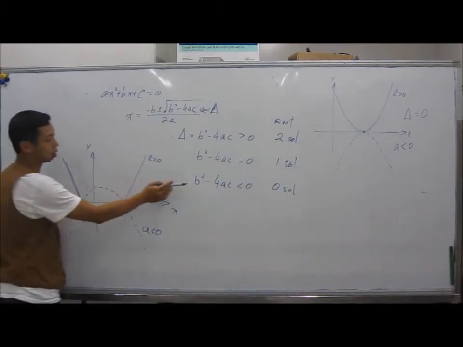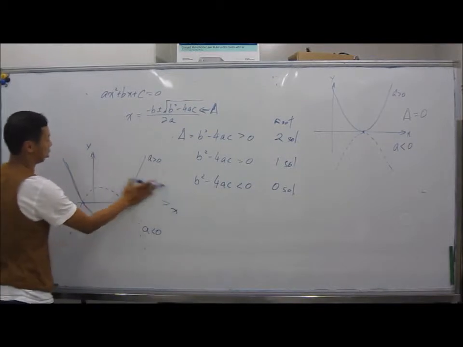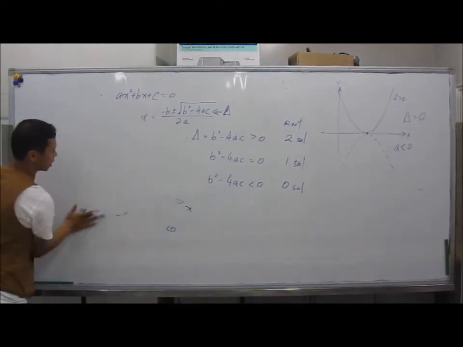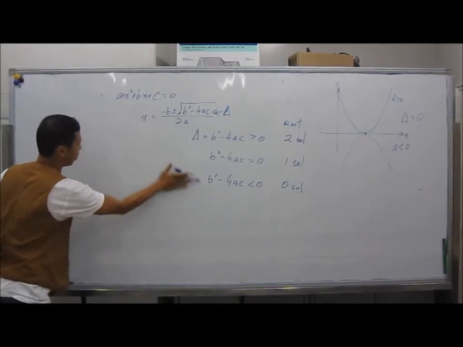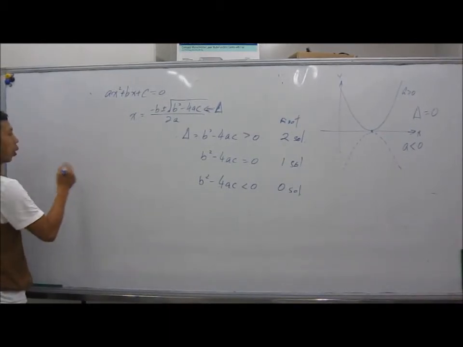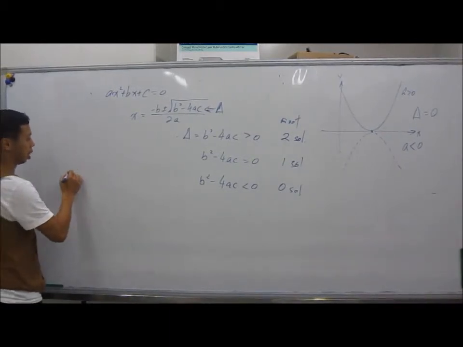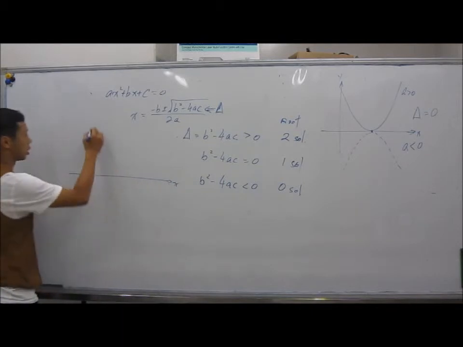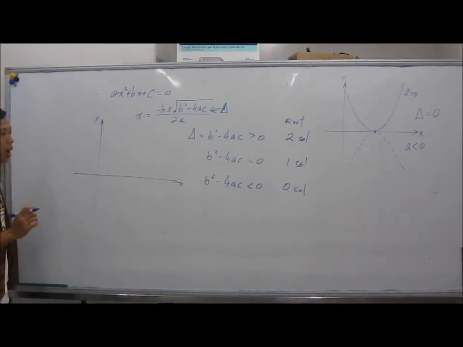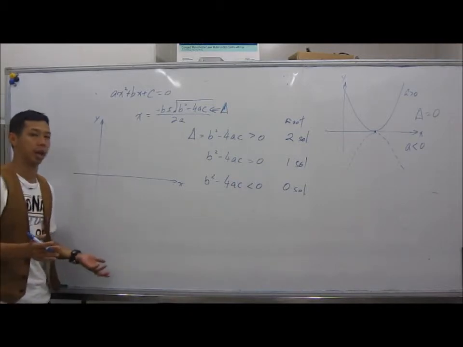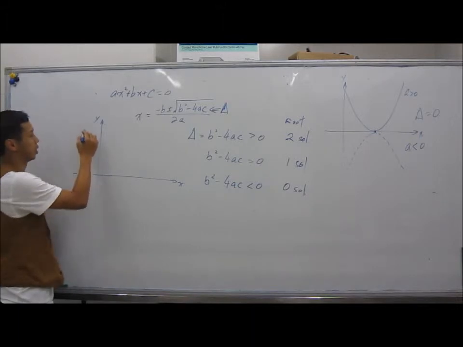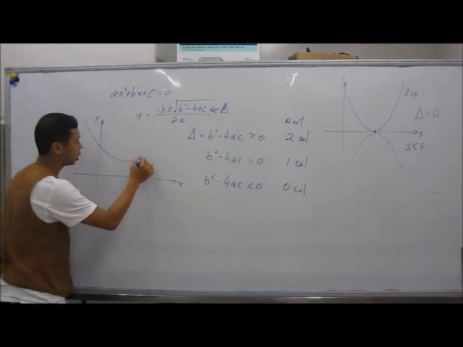The last one is delta smaller than 0. For this one, we have some questions that are difficult. First, draw the graph. That is the x-axis, and that is the y-axis. Because we don't have any points there, for a greater than 0, the curve is above and doesn't touch.